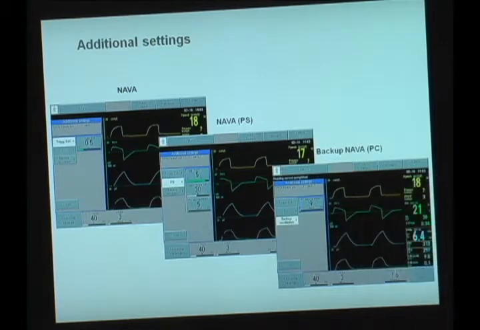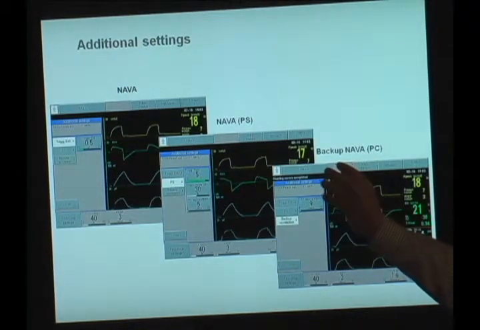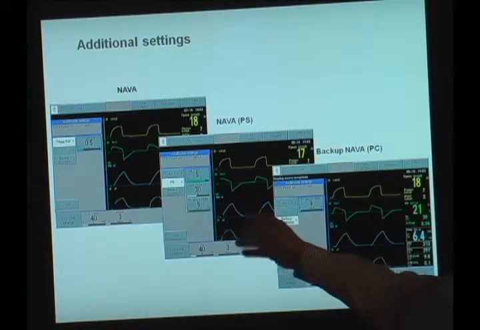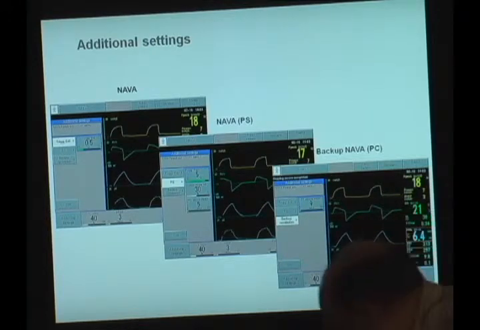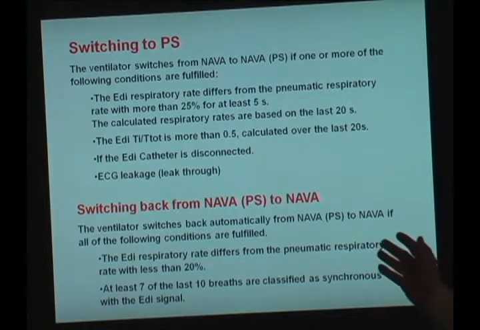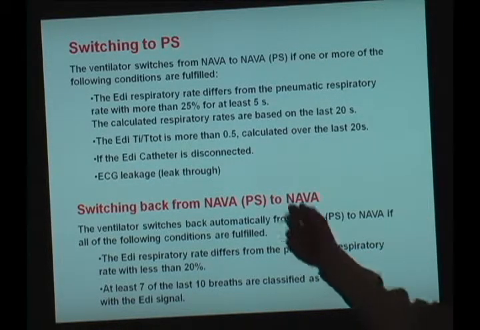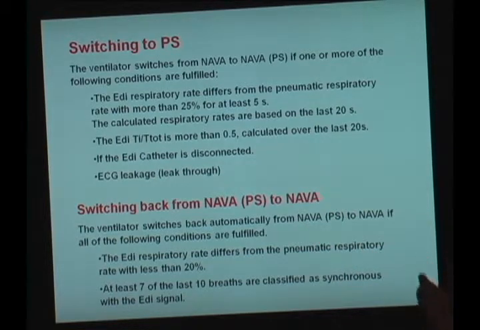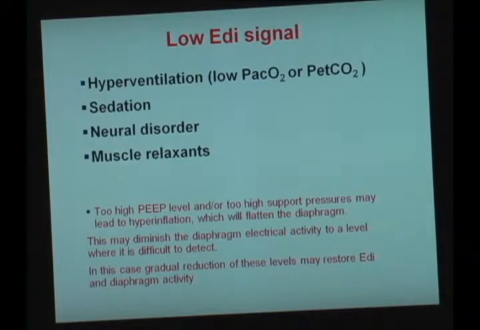Well, just briefly to tell you that if the EAdi signal is lost, there are safety changes in pressure support or in backup. Okay, why can we lose the EAdi signal? For instance, because the catheter is disconnected. But now I want to start with the clinical part.